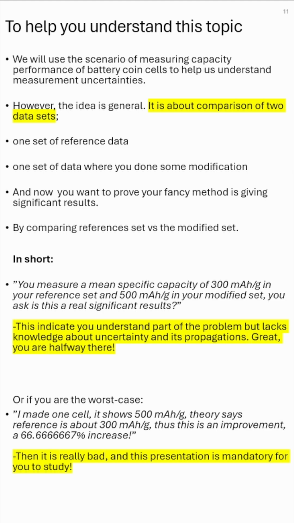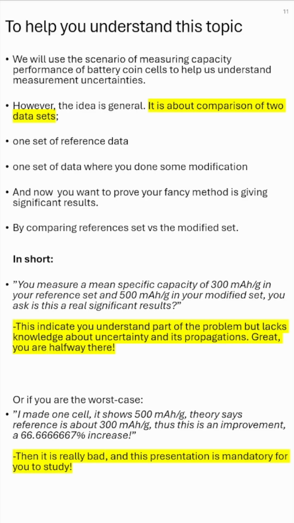Okay, to help you understand this topic of measurement uncertainty, as I said initially, we will do scenarios taken from performance battery tests of coin cells. The idea is overall general, so you can learn from this even if you don't work with battery measurements. It is about the comparison of two datasets.